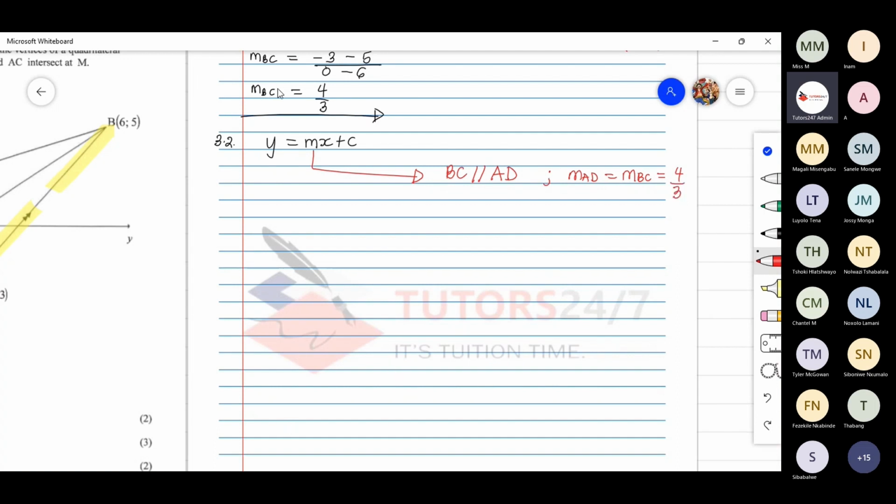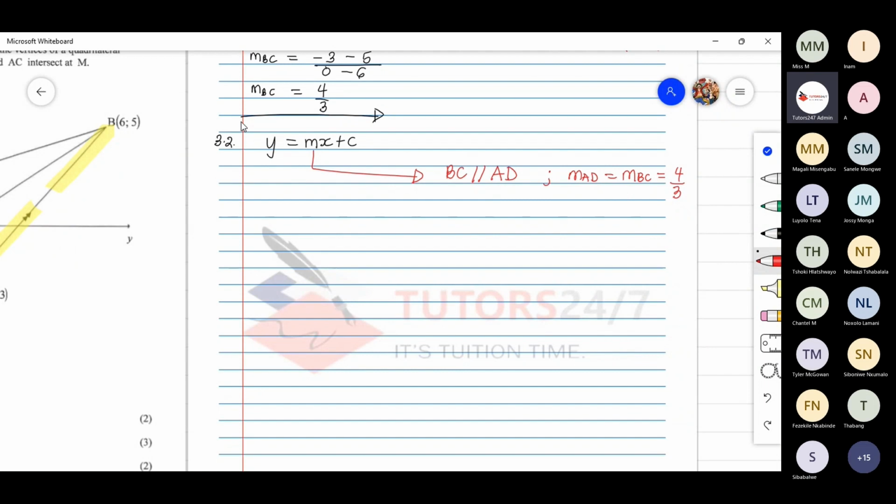I would recommend you use the subscript BC or AD or whatever the line is. The reason that I prefer to use the subscript is that in most cases, especially with analytical geometry, the answers that are previously calculated are usually used in the following questions. Especially in an exam setting, you're under pressure, time is limited, you're stressed out, maybe you didn't sleep nicely last night, whatever the case is.